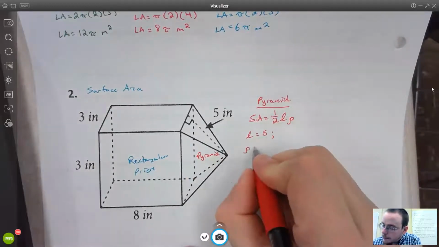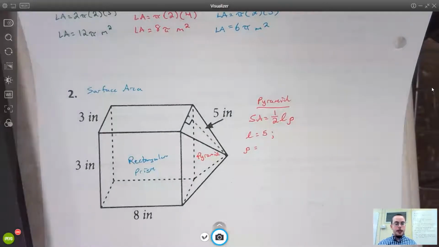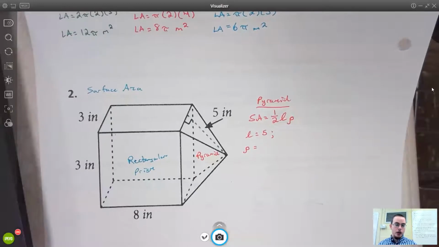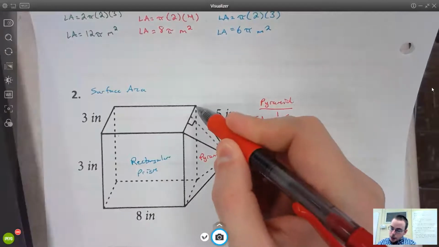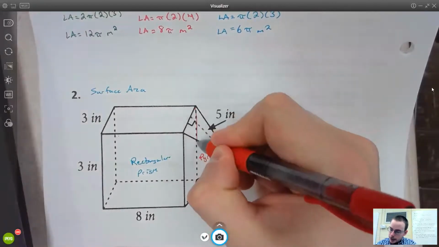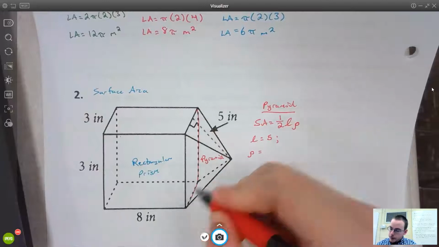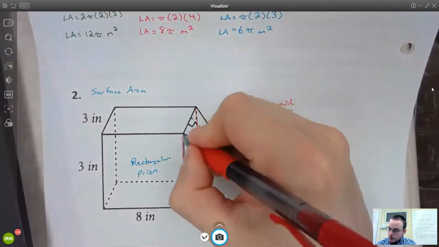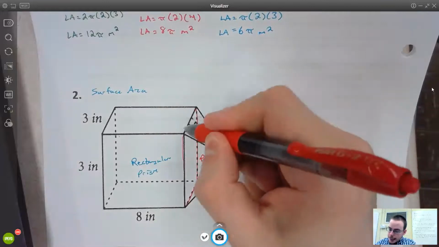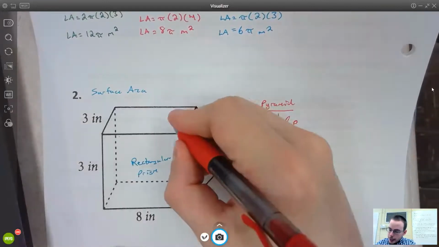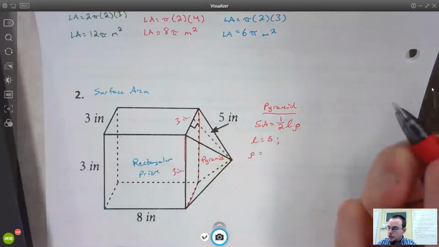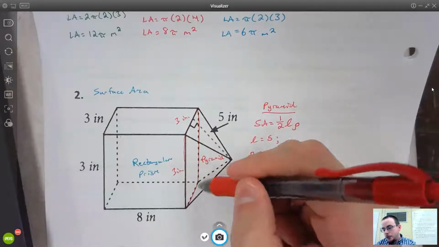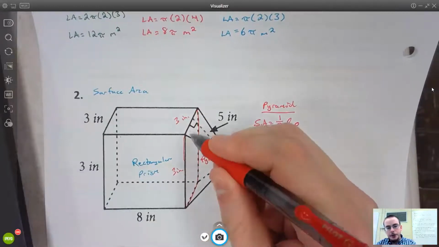Now the perimeter. Remember, to find the perimeter of a shape, you have to add up all the side lengths together. If we look here, this is where our base is. I'm going to outline it in red here. This side here is equal to 3 inches, this side here is also equal to 3 inches, and if you continue along, you'll find that this side is 3 and this side is 3.